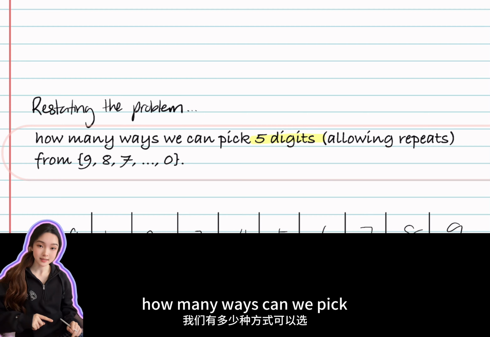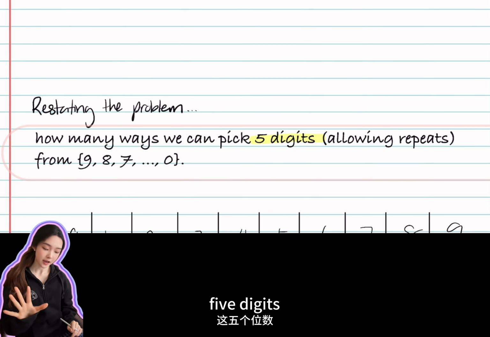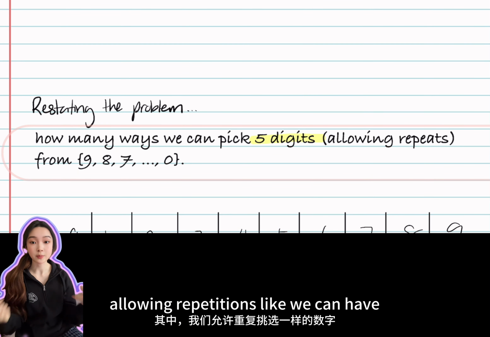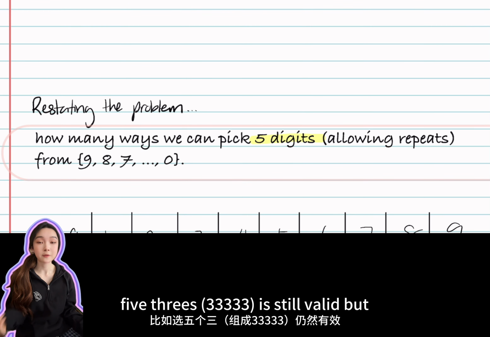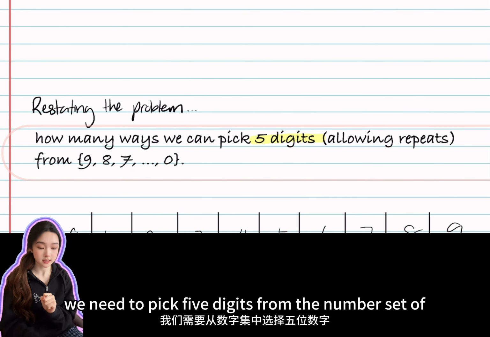How many ways can we pick 5 digits allowing repetitions? Like we can have five 3s, it's still valid, but we need to pick 5 digits from the number set from 0 to 9. How many ways can we pick?